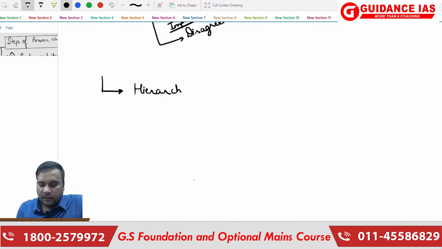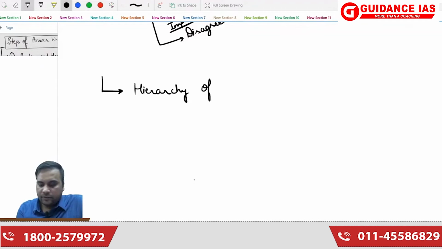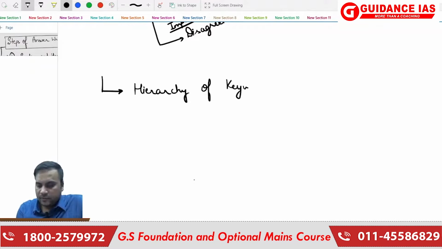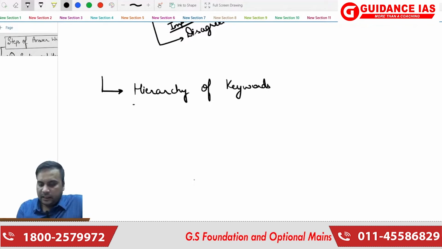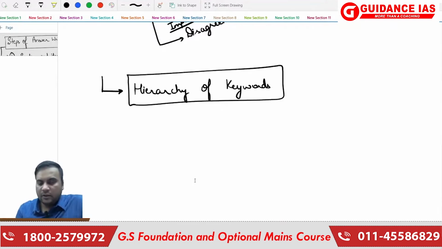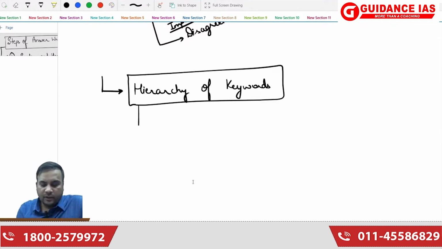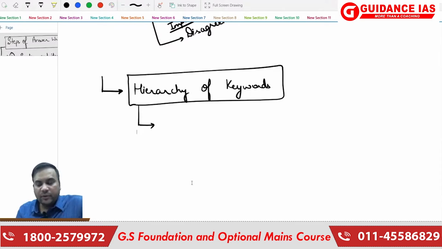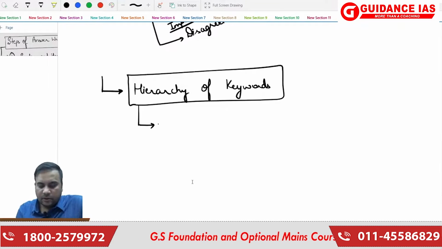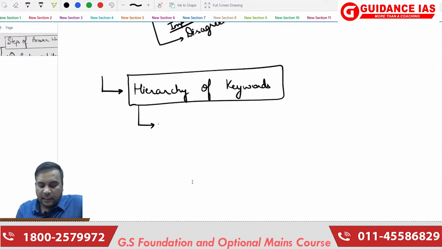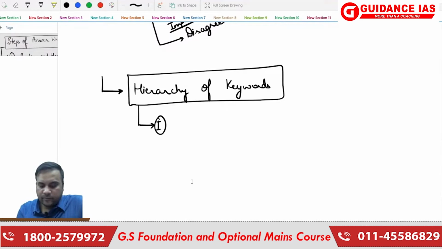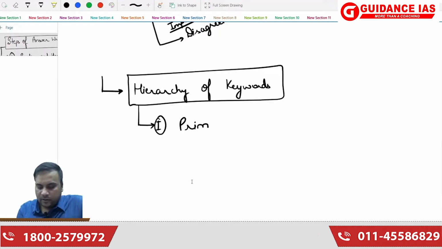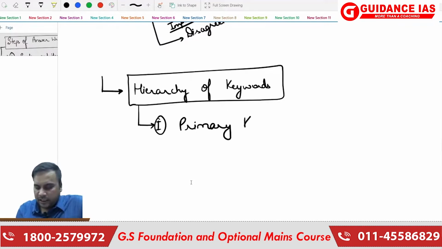Understand the hierarchy of keywords. And there are two types of keywords in the question. One type of keyword, if you talk about, I call it the primary keyword.